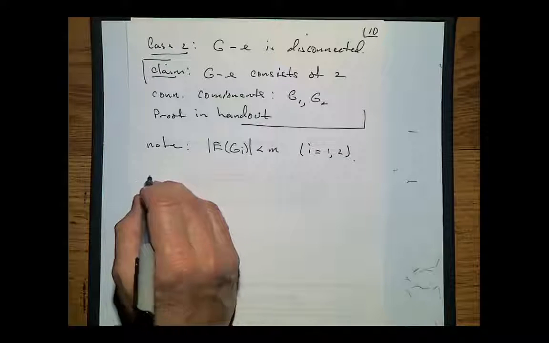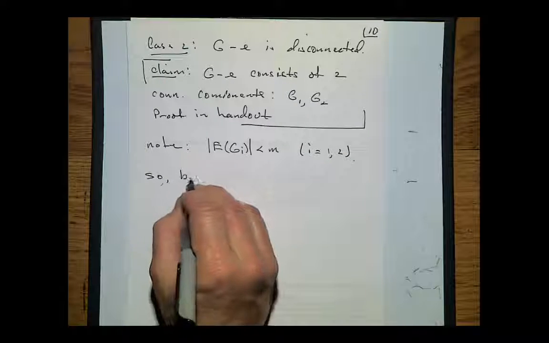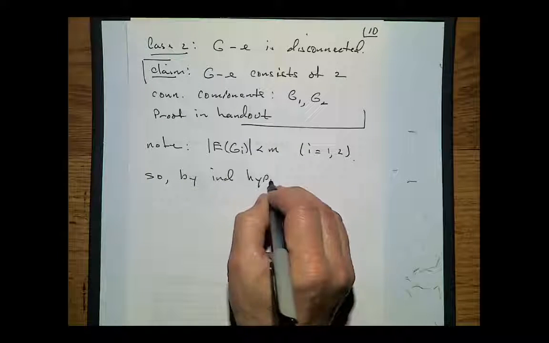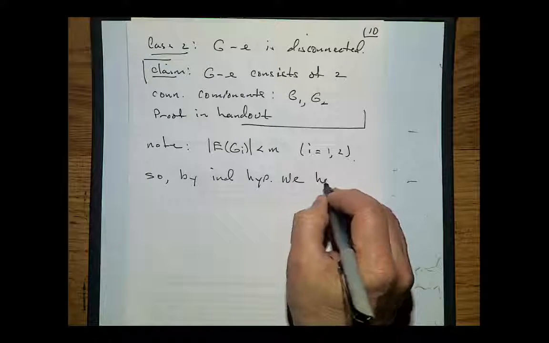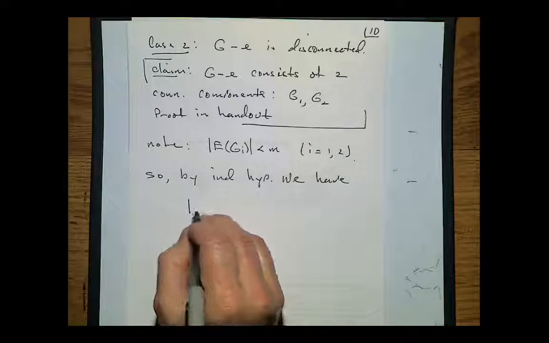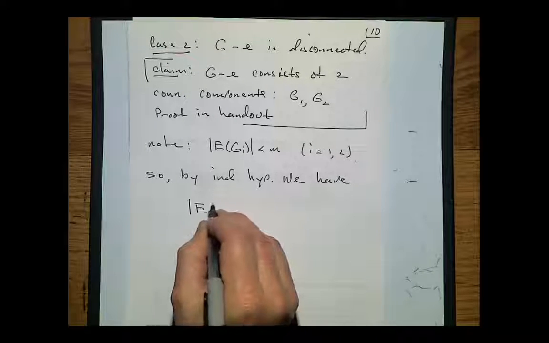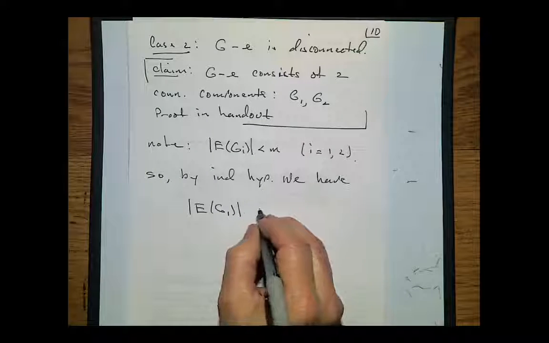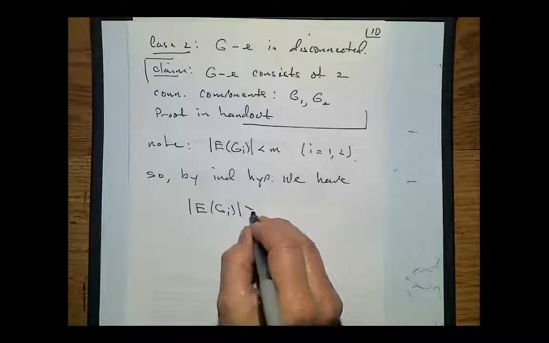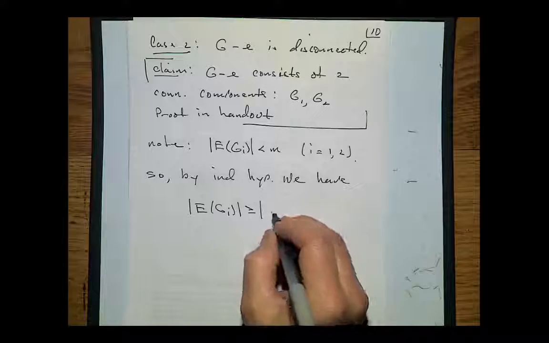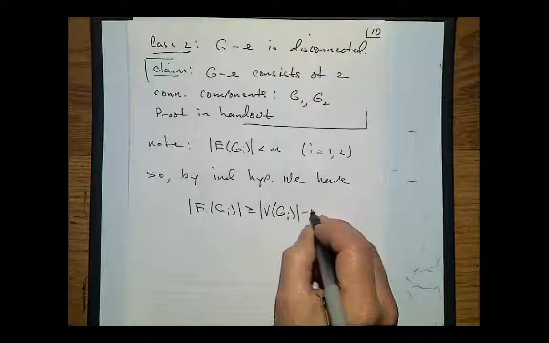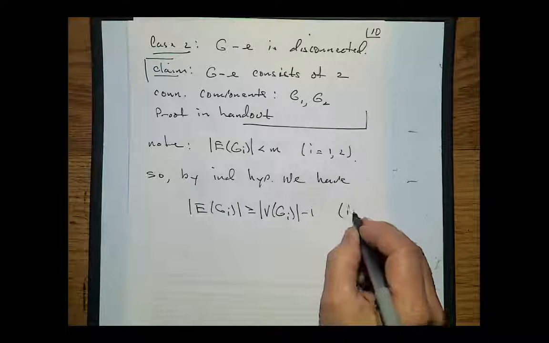So, by the induction hypothesis, we have the number of edges in Gi greater than or equal to the number of vertices in Gi minus 1. This is for i equals 1, 2.